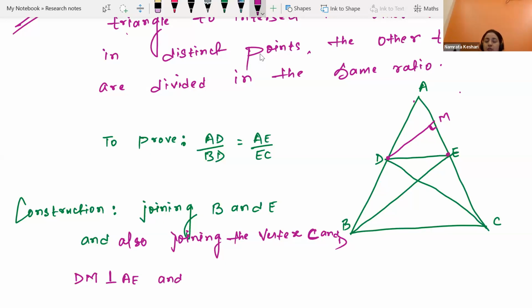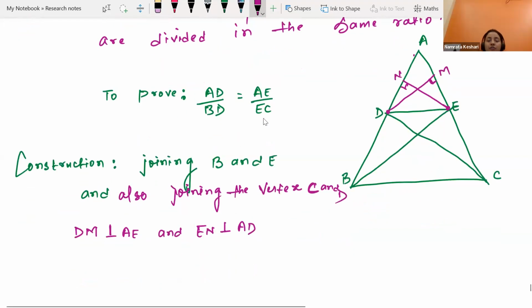From E also we are going to drop a perpendicular on AD. That means EN is perpendicular on AD. This much construction we'll be doing carefully. This part you have to keep in mind. You have to memorize this part at least, and the remaining proof it will guide you. Now you'll be able to do the remaining proof by yourself.